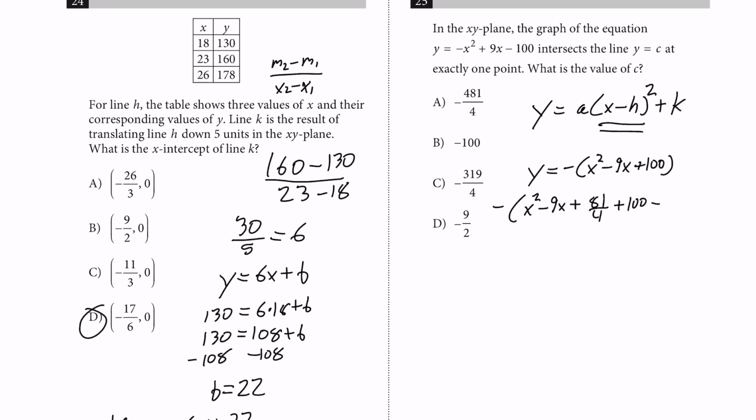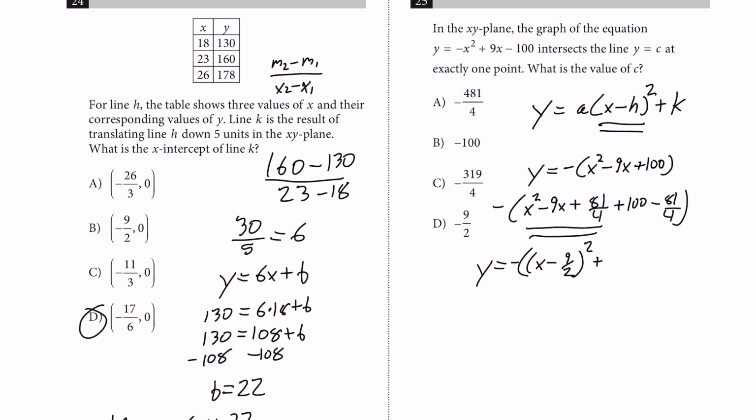And we're going to subtract back that 81 over 4 because we can't just create it. We have to make sure the equation stays balanced. So when you complete the square, this is equal to negative x minus 9 over 2 squared plus 100 minus 81 over 4.